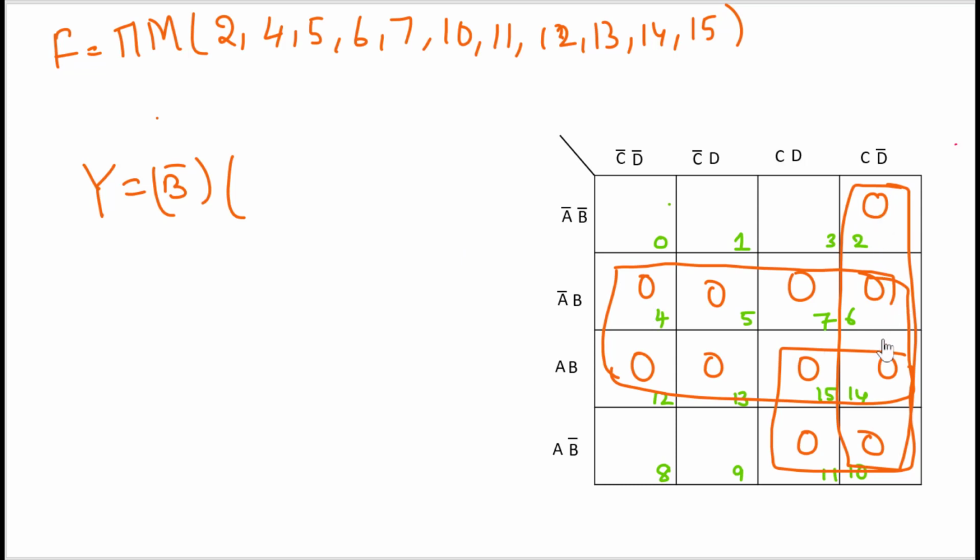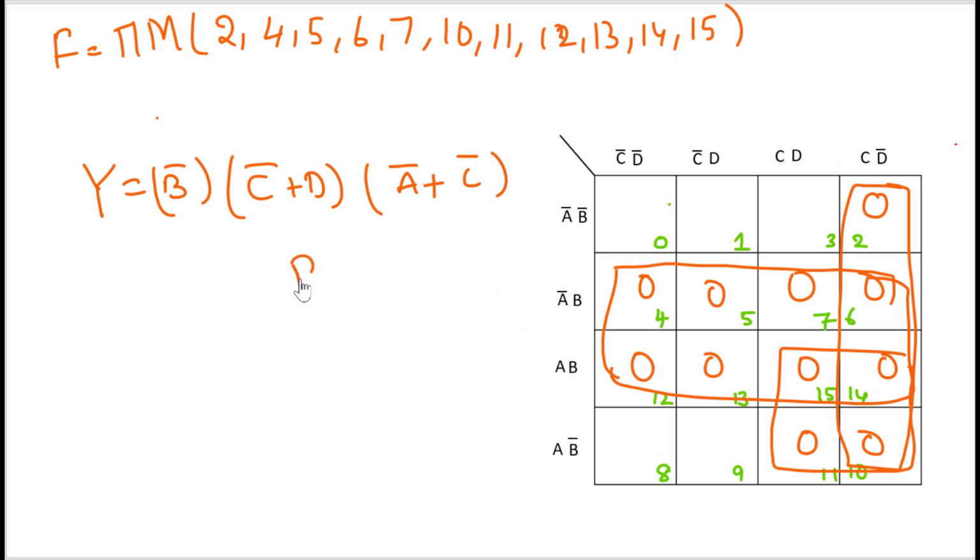And if you take this quad, you are going to get c bar plus d, and if you take this quad, you are going to get a bar plus c bar.